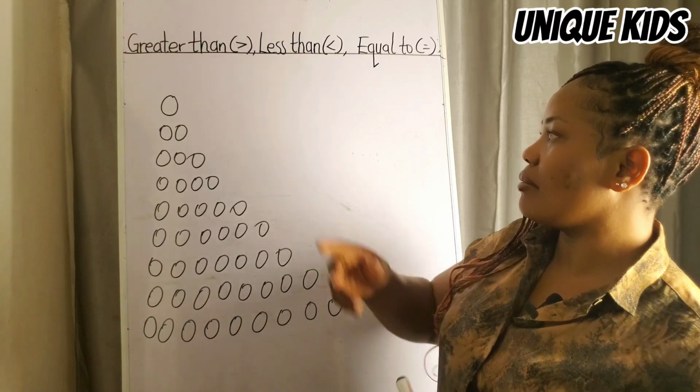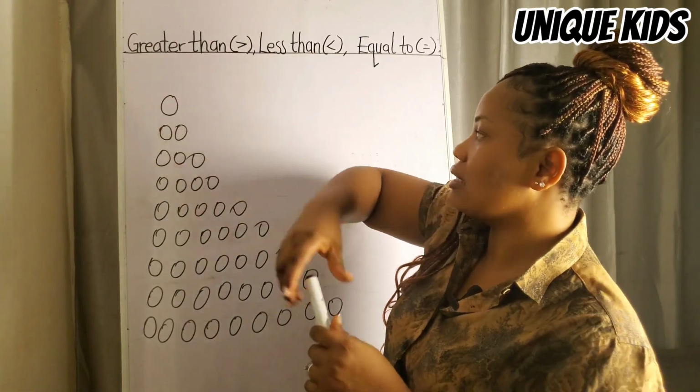So these are our numbers. Let's count. 1, this is 1.